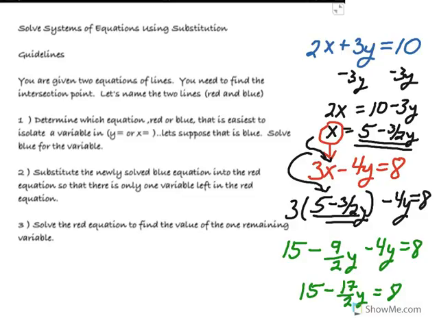Now we're going to subtract 15 from both sides and get negative 17/2 y equals negative 7. Let's copy that over here.